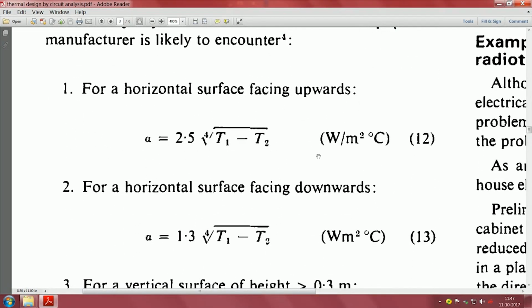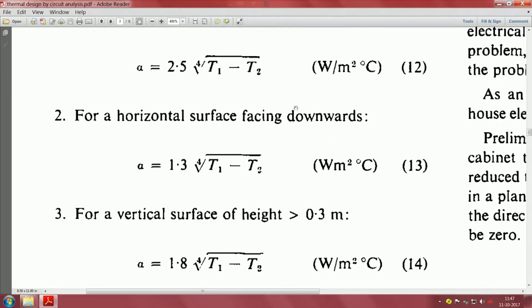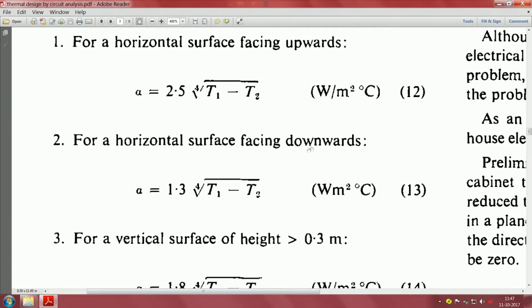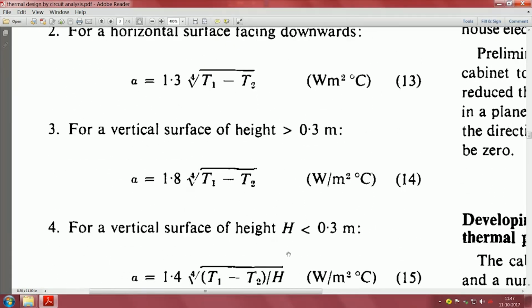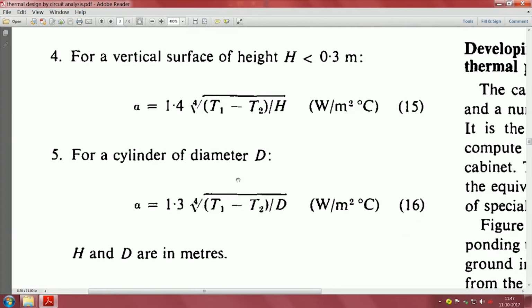If you remember, I had shown you something which was 0.6, 1.3, 1.6. He has got these figures from somewhere else, saying if a horizontal surface is facing upwards, a surface facing downwards, or a vertical surface of a given height, you have different values.